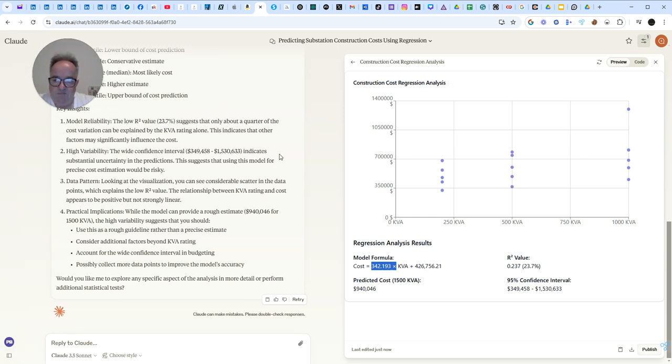And in this case, if this was a real-time scenario for me, I would be diving deeper into understanding the cost drivers of the substations, looking more particularly at additional factors that would bring that regression analysis up higher to a 0.7, 0.8, ideally 0.9, maybe looking for more data points from friends, colleagues, that type of thing to get that regression higher.